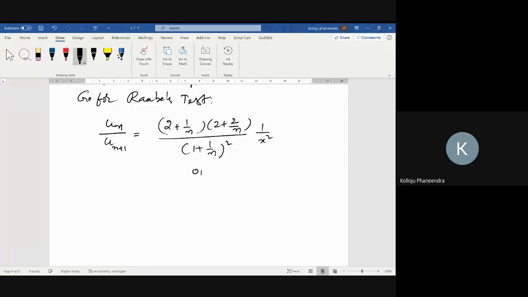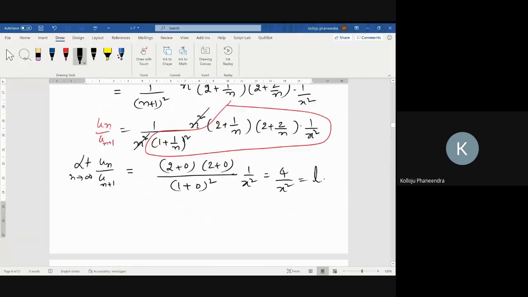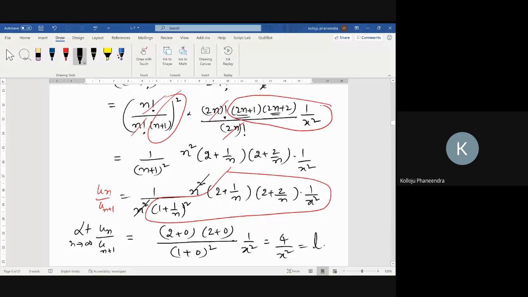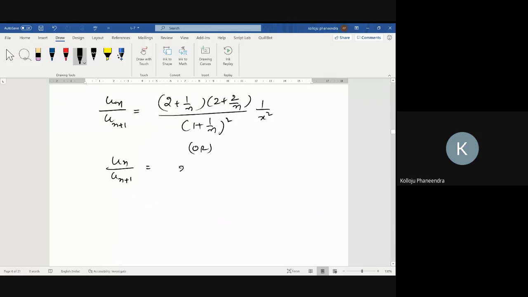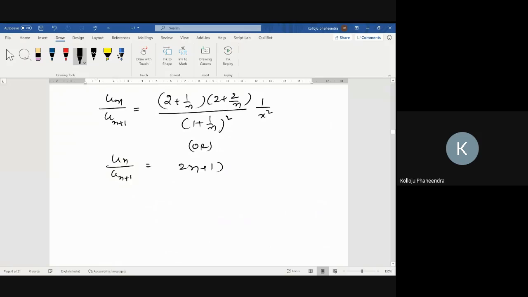So instead of taking n terms common, with n term I will write 2n plus 1, 2n plus 2 by n plus 1 whole square into 1 by x square.